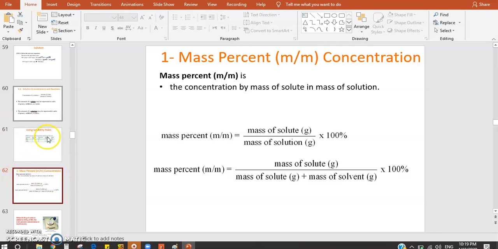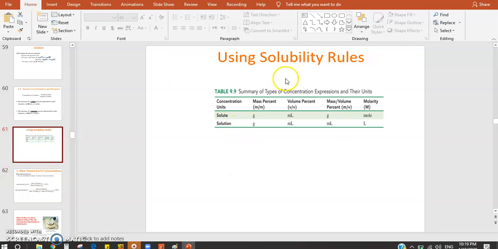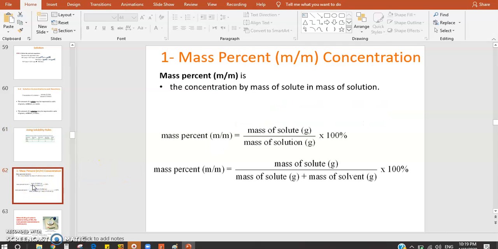And of course all of this has to be multiplied by 100 for the percent sign. So mass of solute in grams divided by mass of solution in grams multiplied by 100. Mass of solute is just the mass of solid, but mass of solution is actually the mass of solute plus the mass of solvent, multiplied by 100.